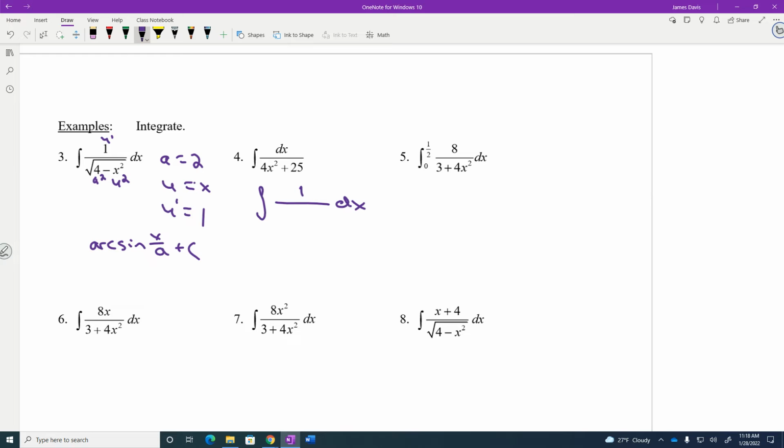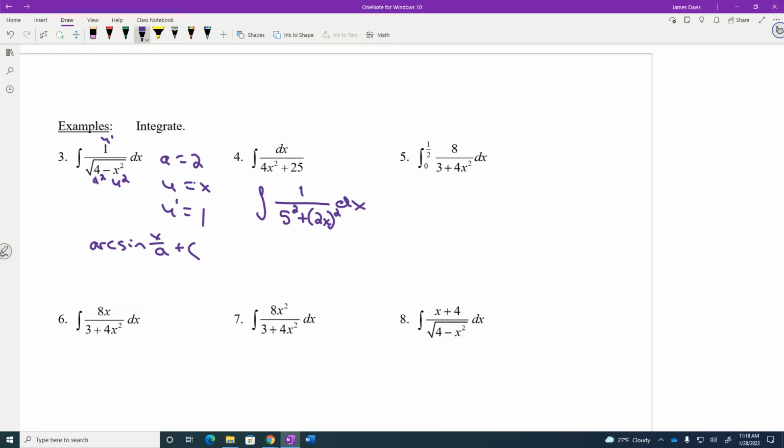And how should I maybe rewrite 25? Because it's a squared plus u squared. Right, that's 5 squared. And then I'm also going to rewrite this 4x squared as plus 2x, all squared, as u squared, because we've got to take into account that that 4 has to be squared as well.